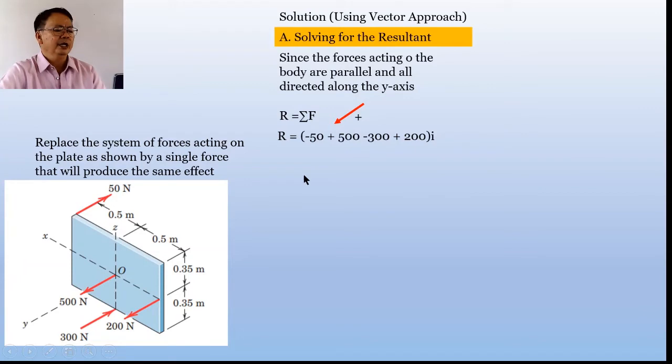And therefore, you have this 50 directed in the negative direction of the positive y, and therefore that is negative 50. While this one, 500, is in the same direction as the positive, that's why it is positive 500. This one is directed opposite the positive y-axis, therefore that is negative, while this one is directed towards the positive y-axis, therefore that is positive.